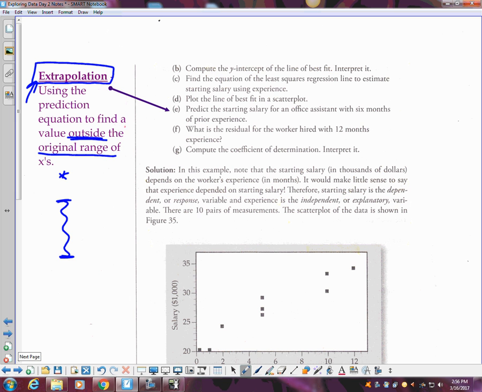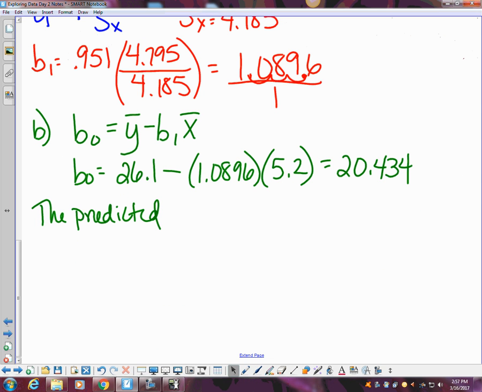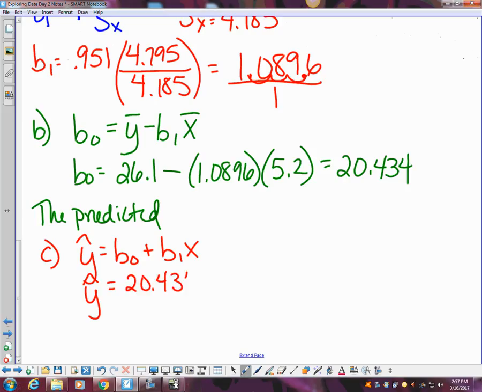All right, now C says find the equation to predict. Well, I got my slope and my y-intercept. So y hat, because this is for a prediction, is 20.434 plus 1.0896x.